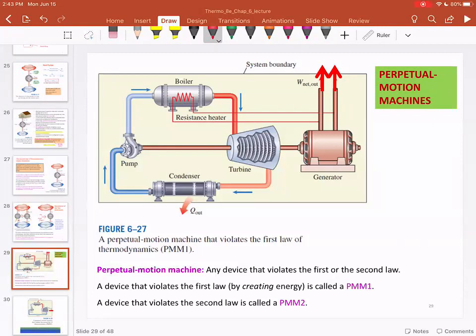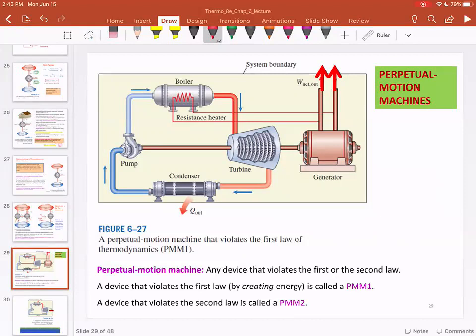A perpetual motion machine of the first kind violates the first law, so it's a machine that creates energy. And a perpetual motion machine of the second kind violates either the Kelvin-Planck statement or the Clausius statement.